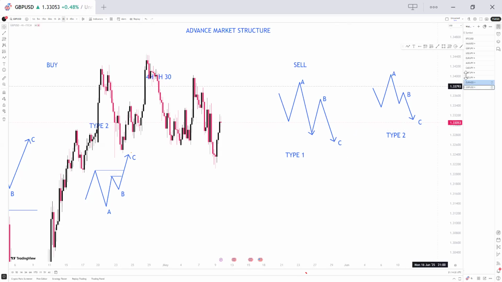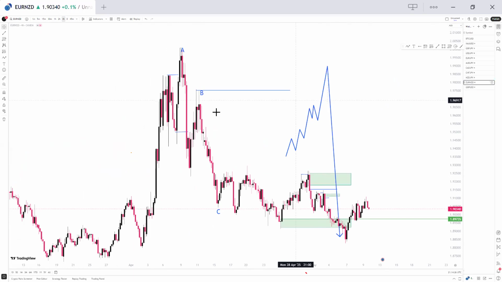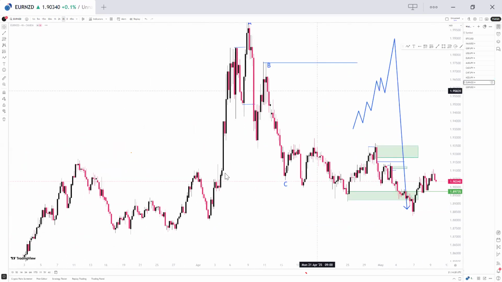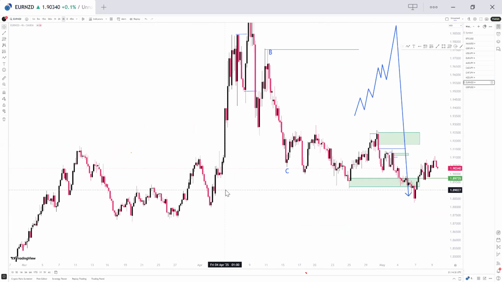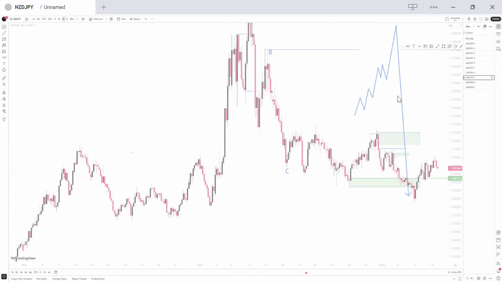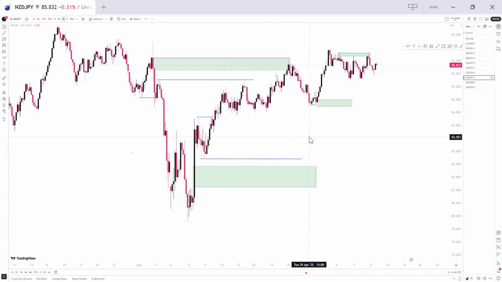So you can see now, if you go back to this Euro NZD, you see that it was what I showed you. Understand? So now that's type 1 for sell. Let's look for type 1 for buy. I should quickly spot it on this chart. Okay, see type 1 for buy.